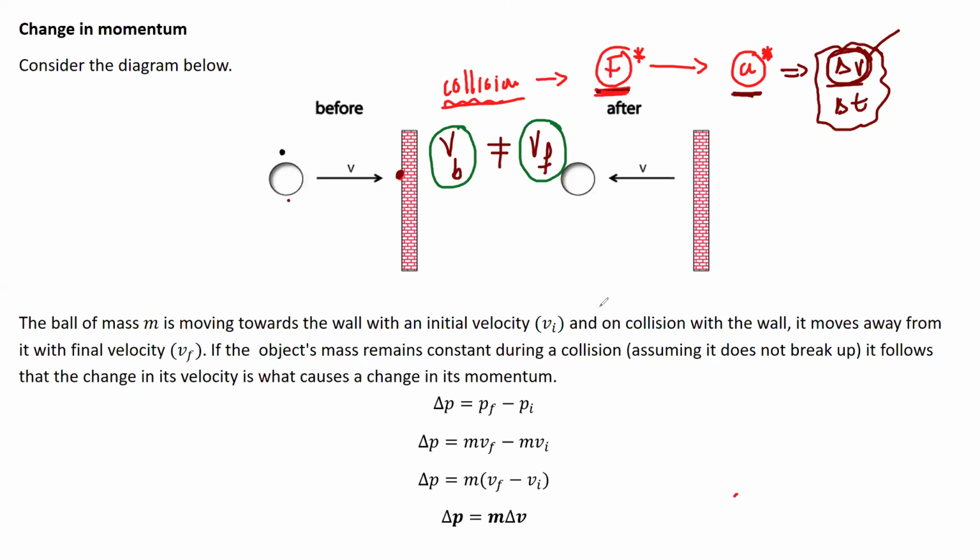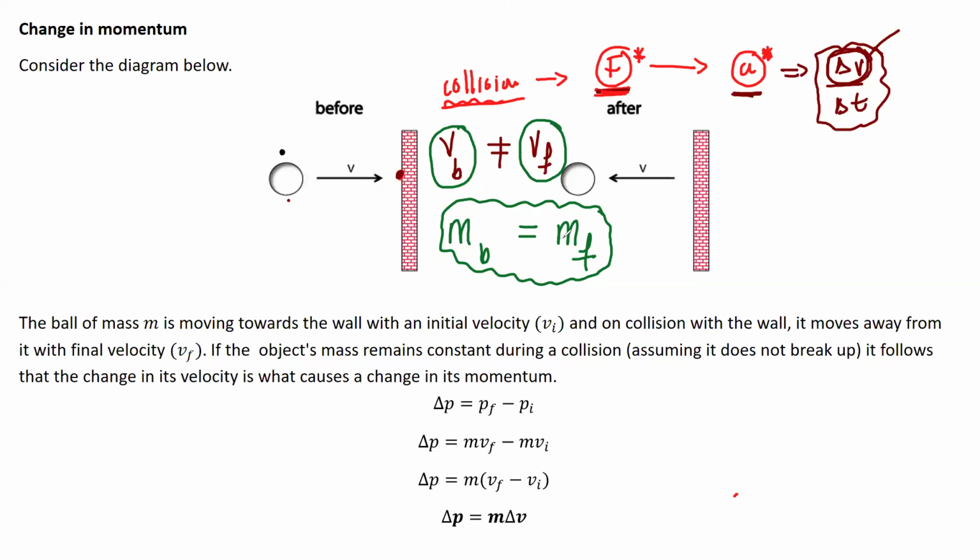There is a change in the velocity. But at the same breath, I want you to hear this out. The mass of the ball before and after collision is the same. I said it to you. For your level, the mass is constant. What is changing is the velocity of the object.